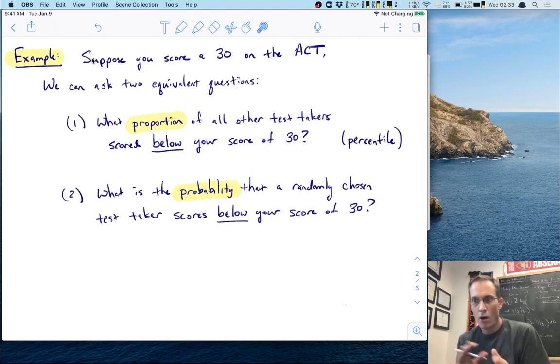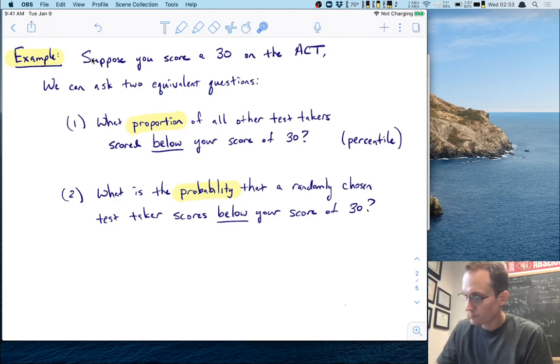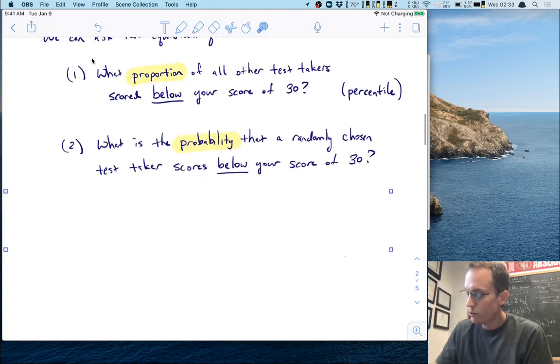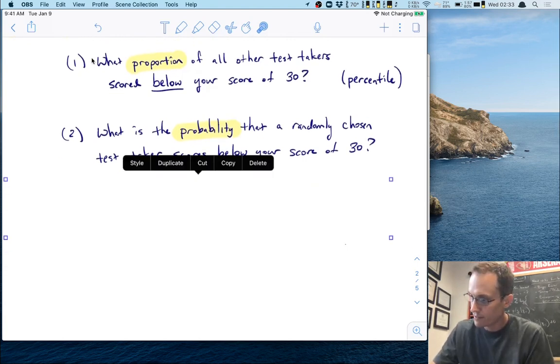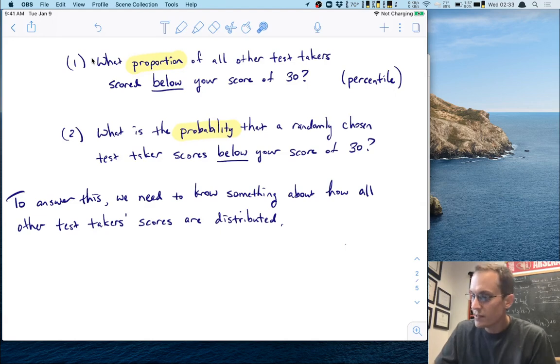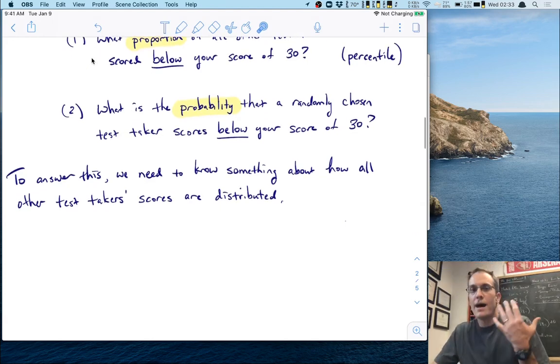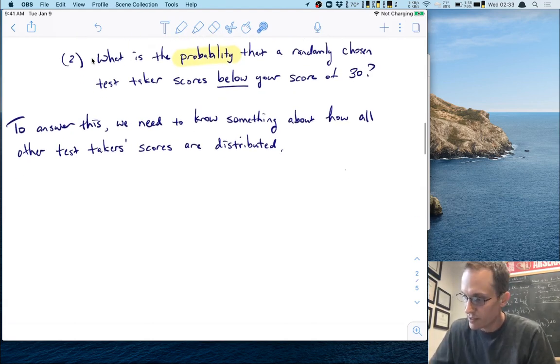And so all through this semester, we will use these two notions perhaps interchangeably because they are very much related to each other. So how on earth would we answer a question like this? Well, to answer this, we need to know something about how all of the other test taker scores are distributed.